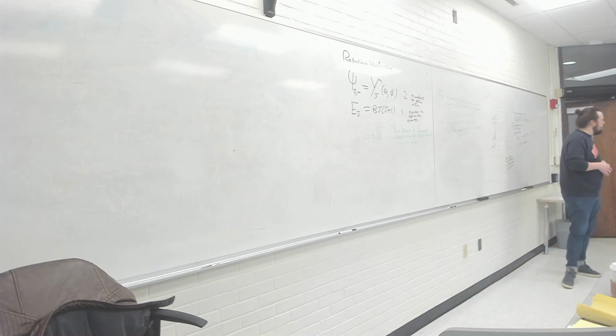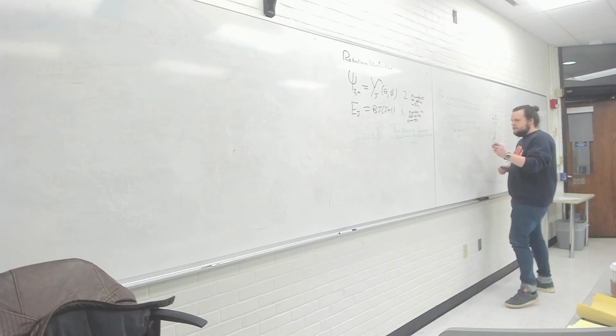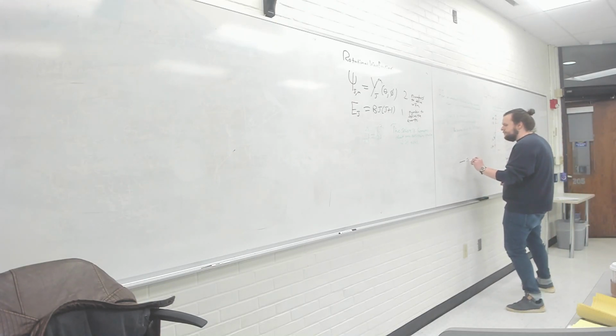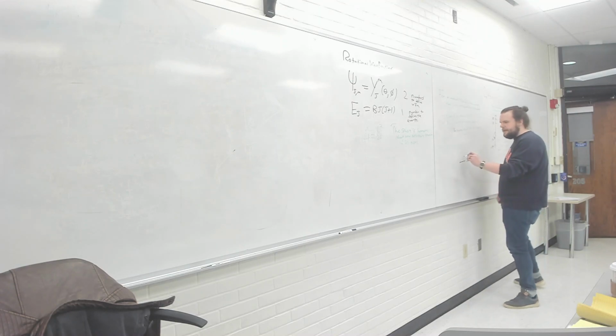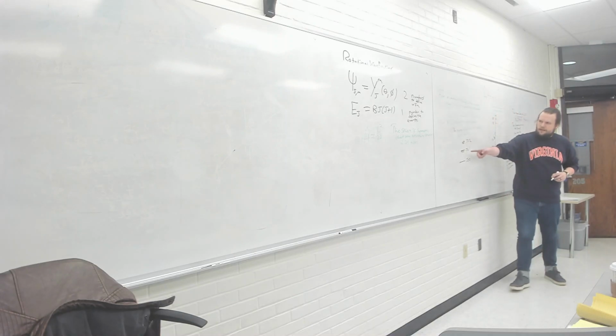So in fact, if I were to draw the energy level structure for a rotational system, J equals 0 is one state, and then at J equals 1 there are actually 3 states overlapping each other, and then 5 states overlapping each other at J equals 2. And these are the M states.